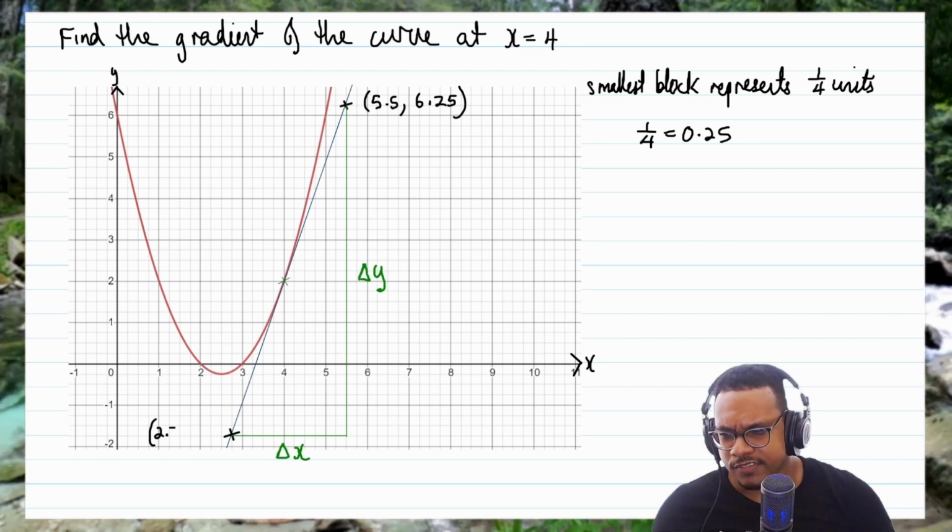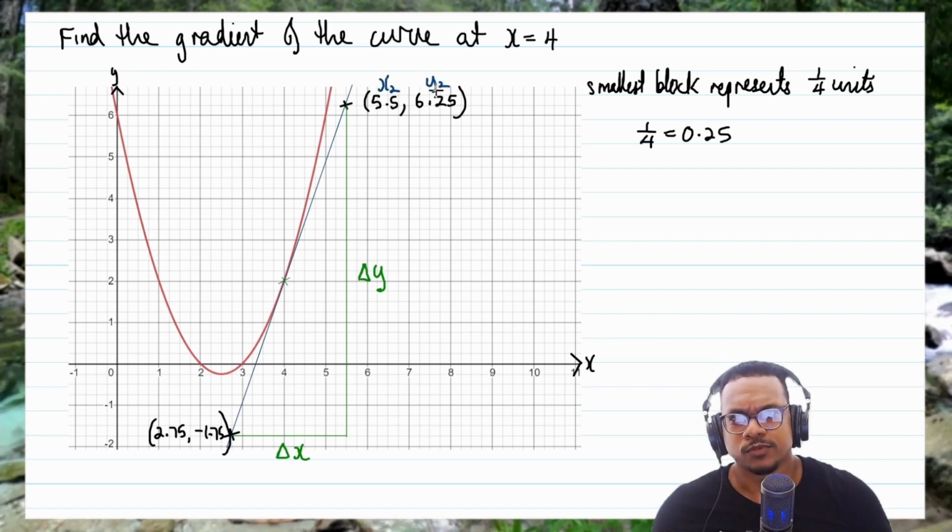So 2.75 is our x value for this point here. And our y value will go all the way across to here. So we have -1, -1.25, -1.5, and -1.75. So our y value will be -1.75.